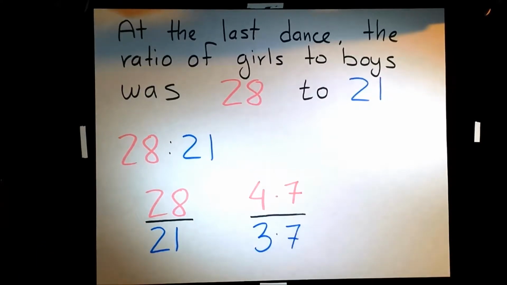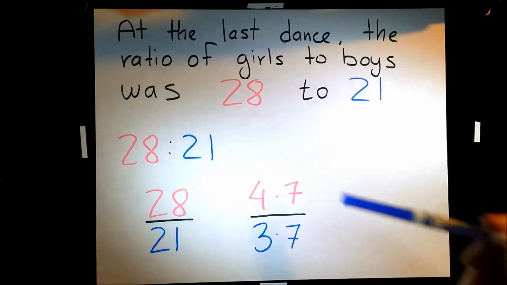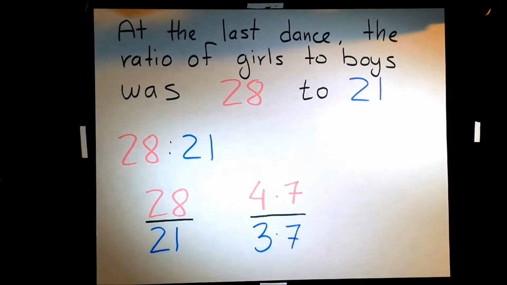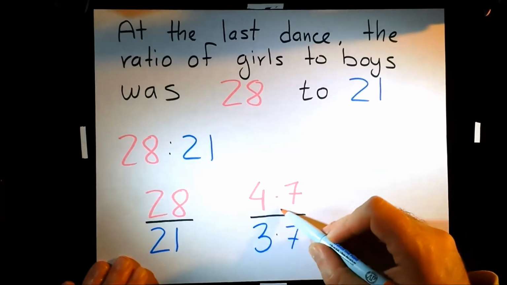You might have guessed by now why I'm doing this, but what can I do right here to simplify this particular fraction? If you said cross out the 7s from the top and the bottom, you're correct. Cancel time. We learned this a long time ago to simplify fractions.